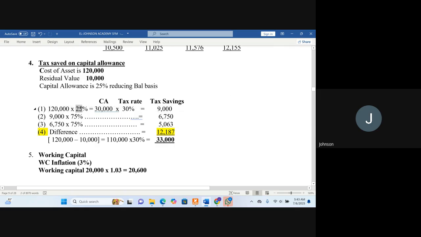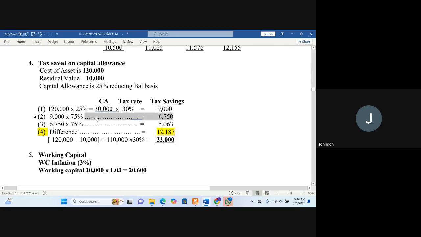Therefore, if it is reduced by 25% and your tax rate is still 30%, what will be remaining is 75%. So if you use 75% to multiply 120, and then multiply your answer by 30%, I'm sure you will still get this amount here.